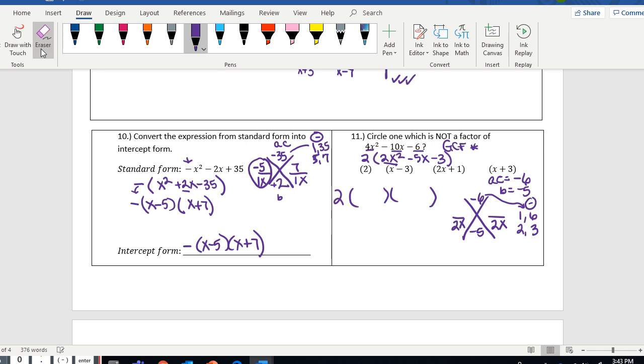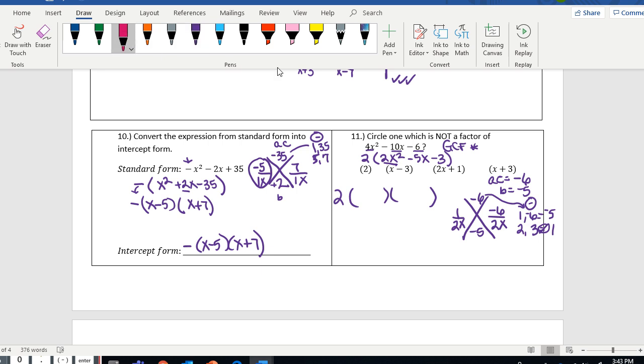Now be careful because this is a negative and we want the bottom number to be a -5. If I subtract these, which one will give me 5? Hopefully not this one, because 2 minus 3 is 1. 6 minus 1 is 5, and we do want a negative, so this is 1 and -6.